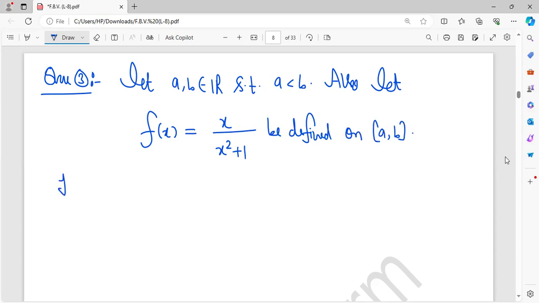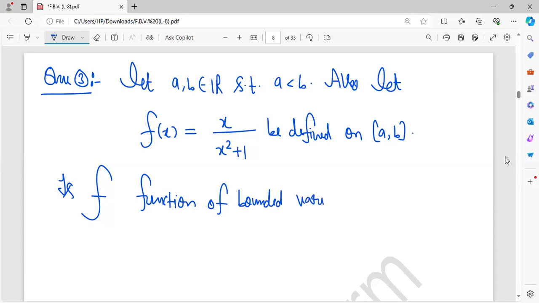Is f a function of bounded variation on the closed interval [a, b]? This question I am asking.